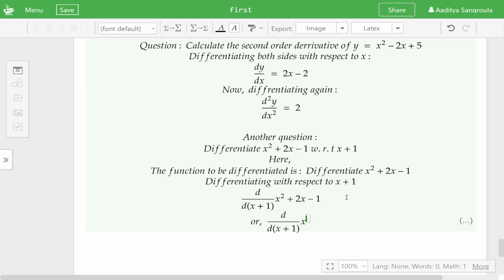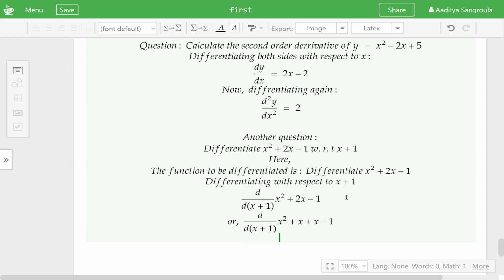This is my way, whatever has come to my mind. Plus 2x minus x plus x minus 1. I'm just rearranging the things here. So that's just x squared plus x, right? Plus x minus 1.